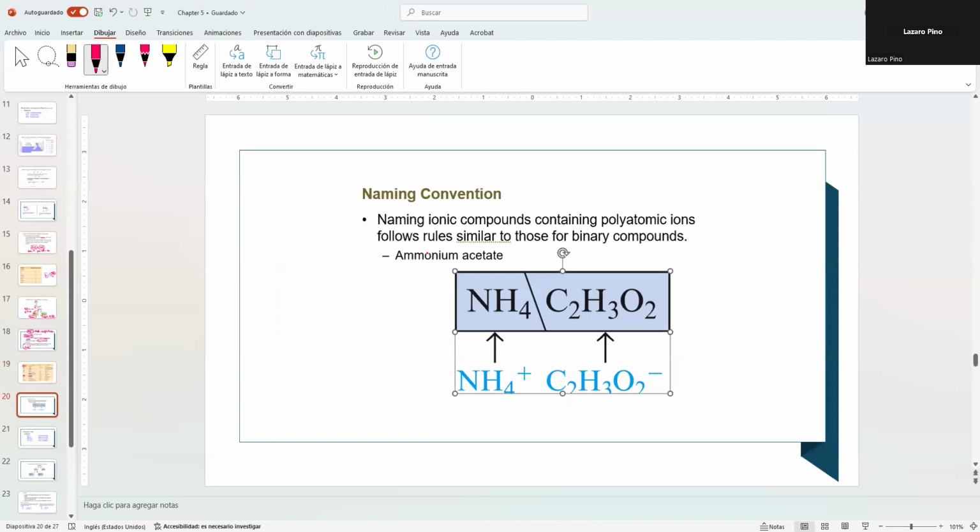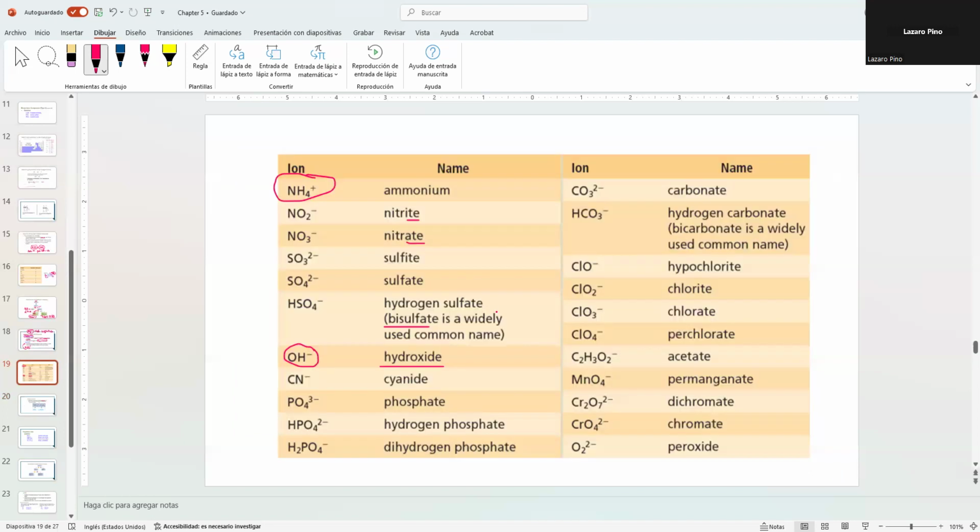Well, let's see how we name an ionic compound that has a polyatomic ion. We follow similar rules as in the binary compounds. First, we read the one to the left, and in this case, NH4, we come here, we say, NH4 is ammonium.